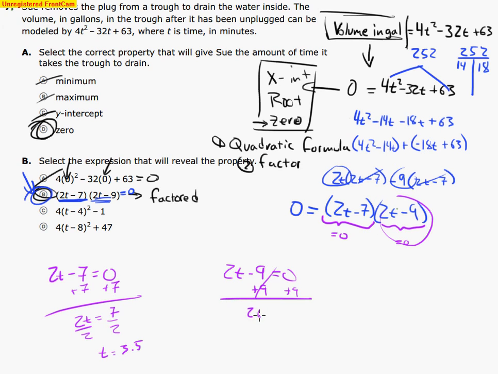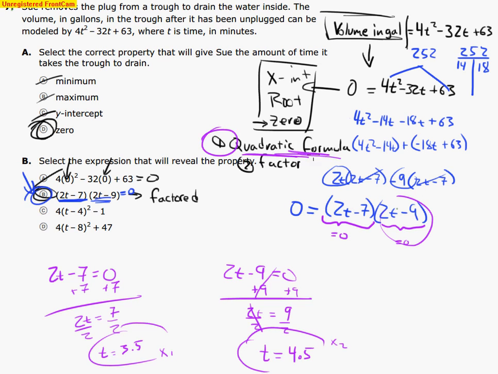I get 2t equals 9. Divide by 2, divide by 2, and I get t equals 4.5. This would be my x1, and my x2 if I had decided to use method number 1, which is the quadratic formula.